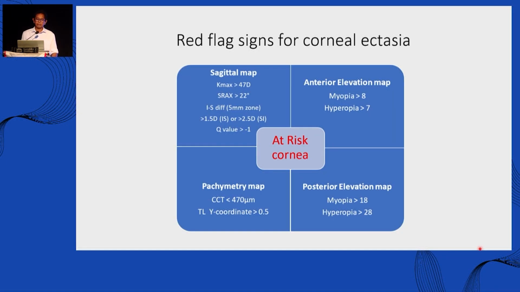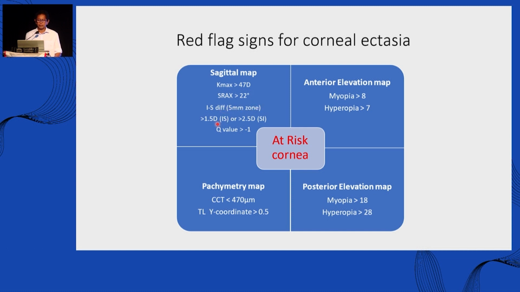So to summarize, red flags for corneal ectasia. So these are the patients we do all the tests on, and if there is any of them, we have to be very, very careful in performing refractive surgery. So sagittal map, Kmax over 47, any asymmetric bow tie where you have an axis of more than 22, IS difference over the 5 millimeter zone.